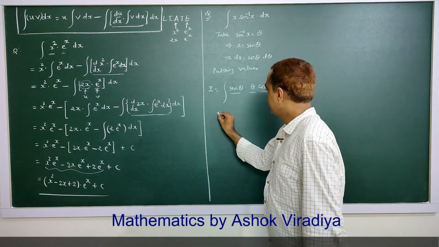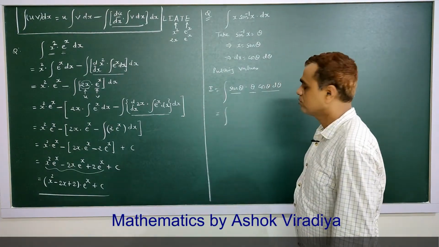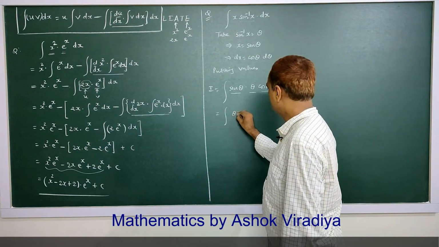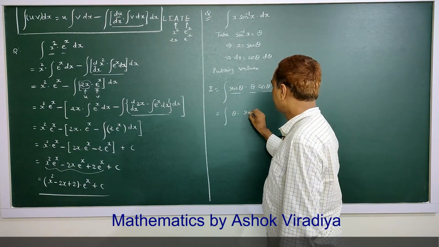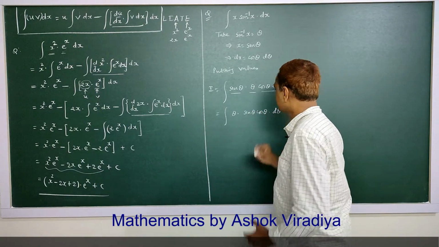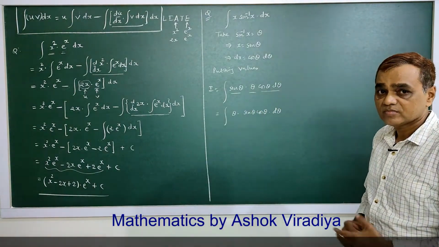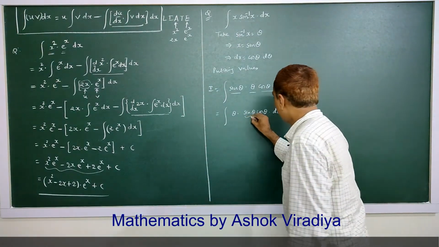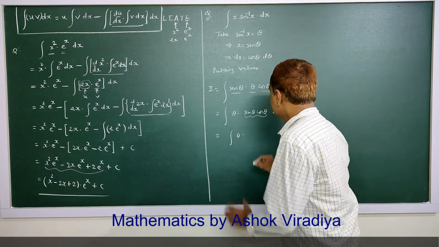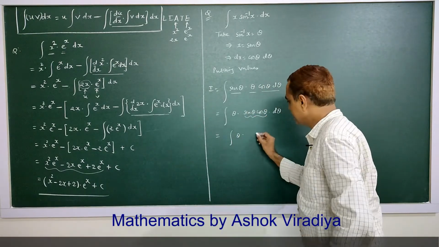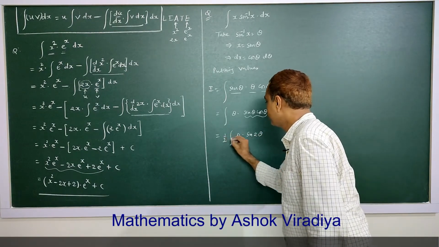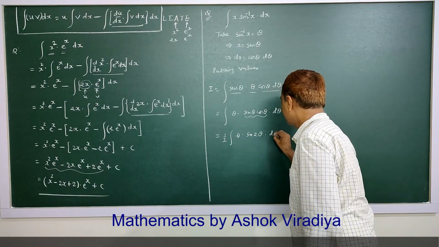Now it is equal to, this can be arranged as theta into sine theta cos theta d theta. Now we use the trigonometric formula: sine theta cos theta is sine 2 theta divided by 2, d theta.